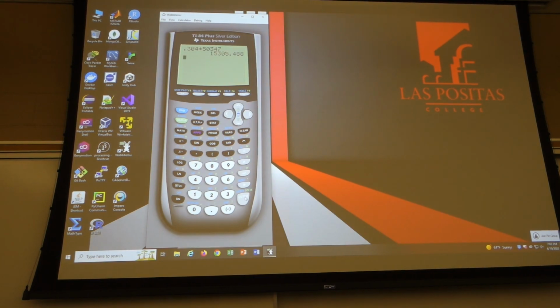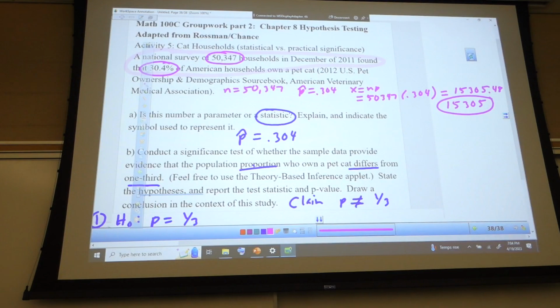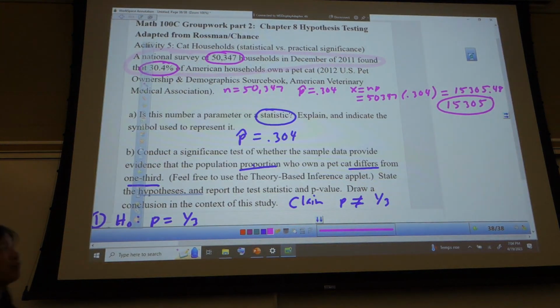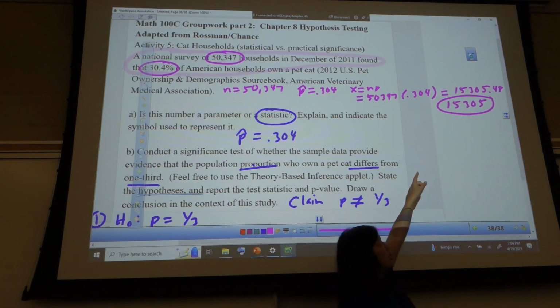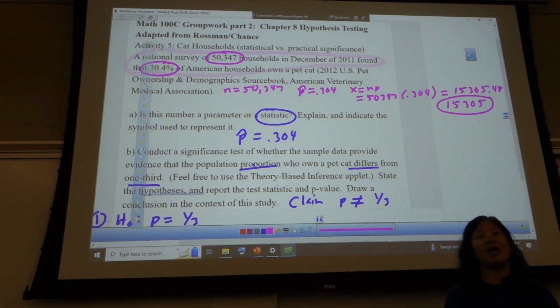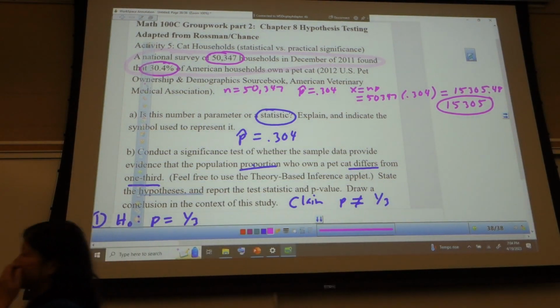That becomes 15305. You cannot ask a fraction of a person. If you try to ask a fraction of a person, you will get an error every time. Right? I can't ask 15,305 and a half people. You've got to round to the nearest whole number.